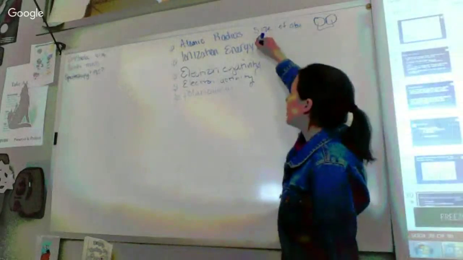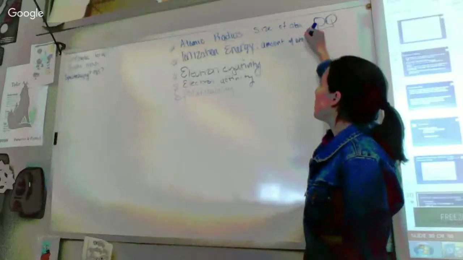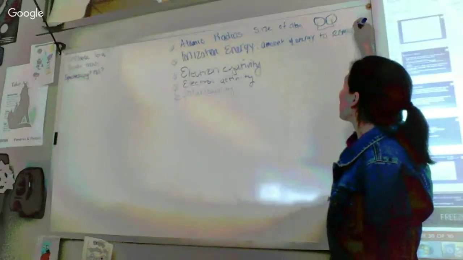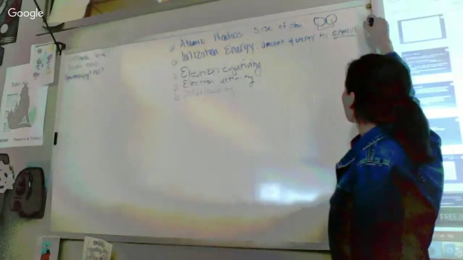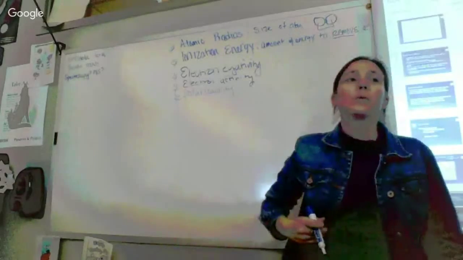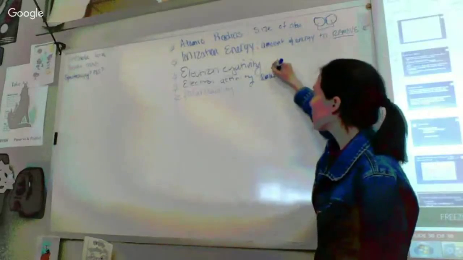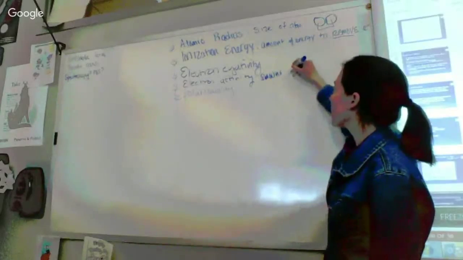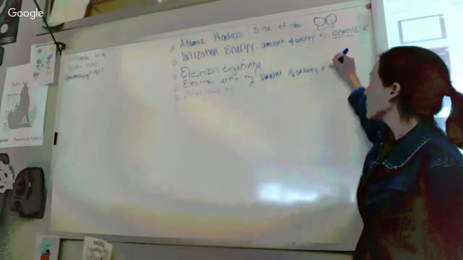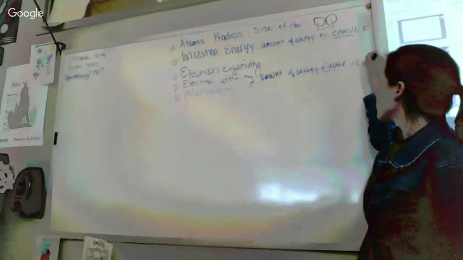Ionization energy is the amount of energy it takes to remove an electron. Whereas electron affinity is the opposite of that: the amount of energy released when we add an electron.